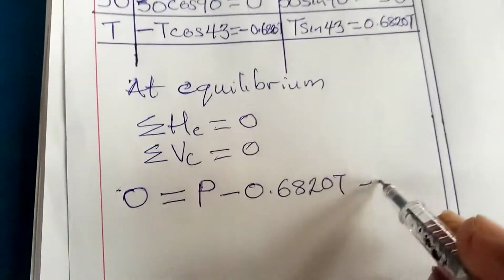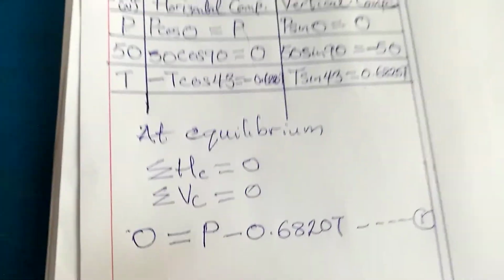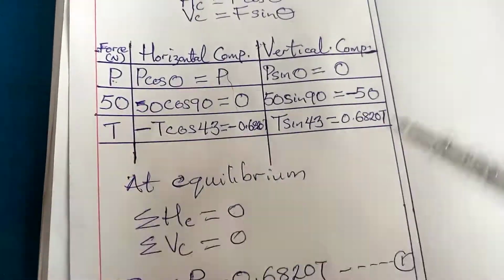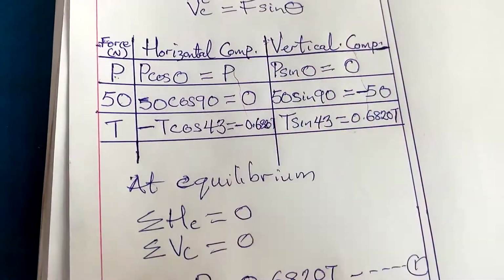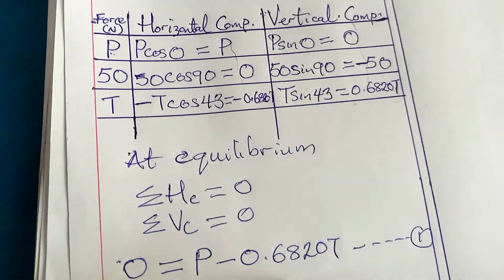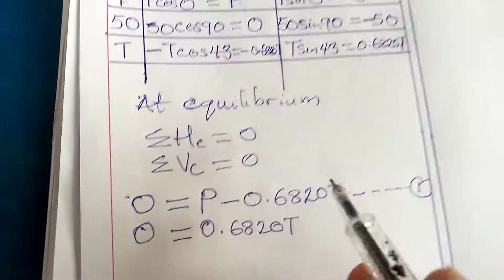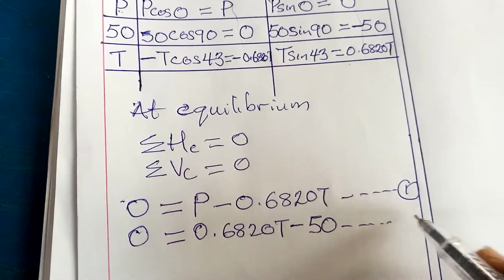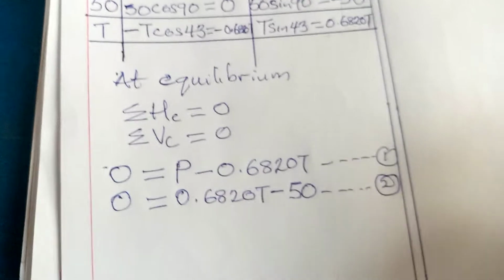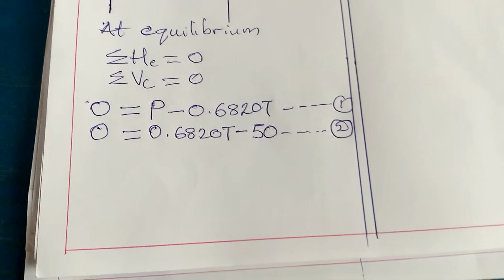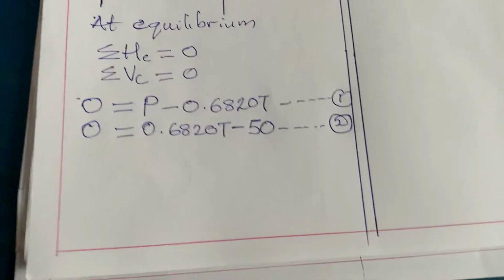This one will give us equation 1. Also, we can say 0 equals, for all the vertical forces, 0.6820T minus 50. This one will give us equation 2. So we are going to use these two equations to find the value of P and T.